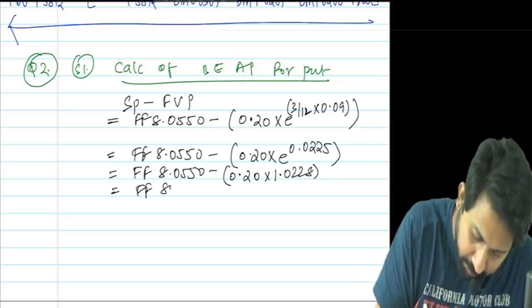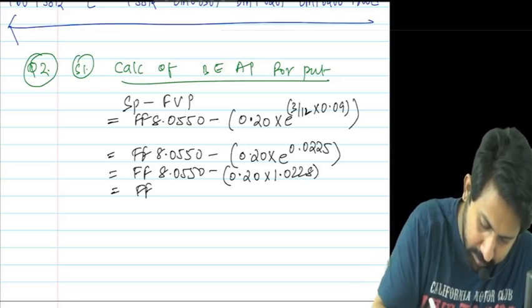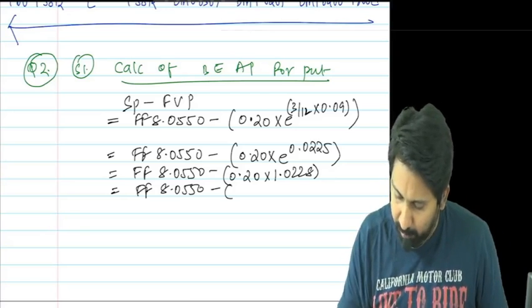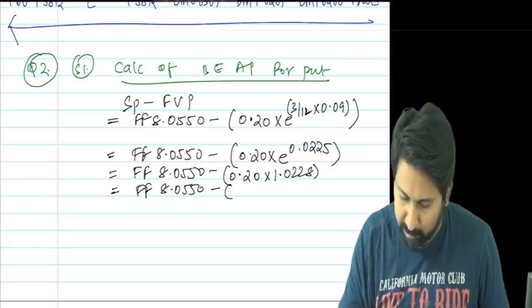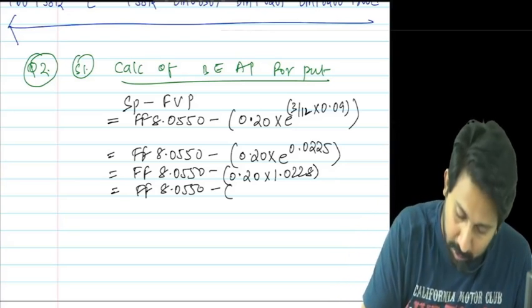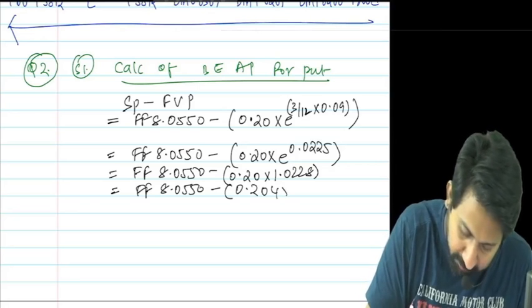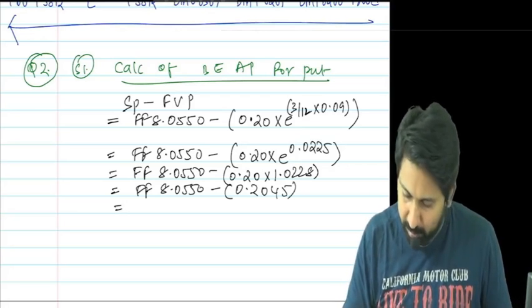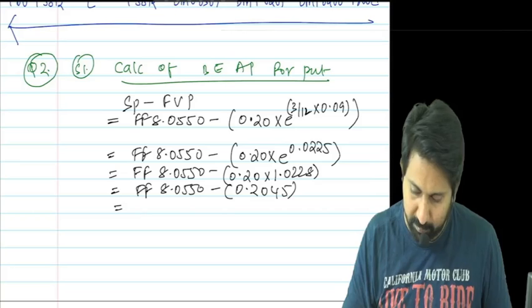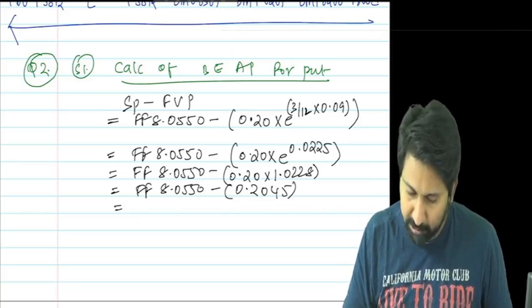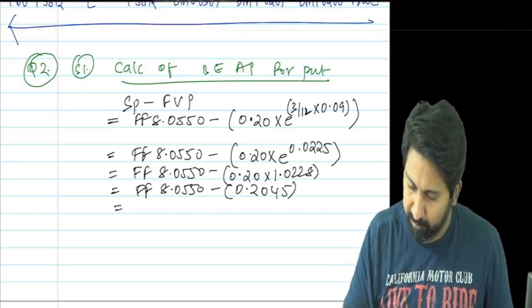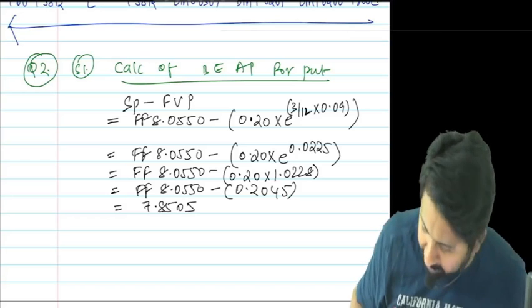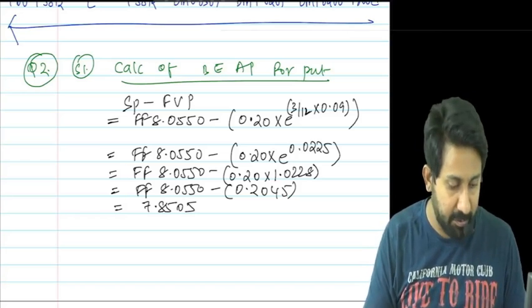So 8.0550 minus 0.2 into 1.0228, that is 0.2045. So totally 8.055 minus 0.2045 means 7.8505.